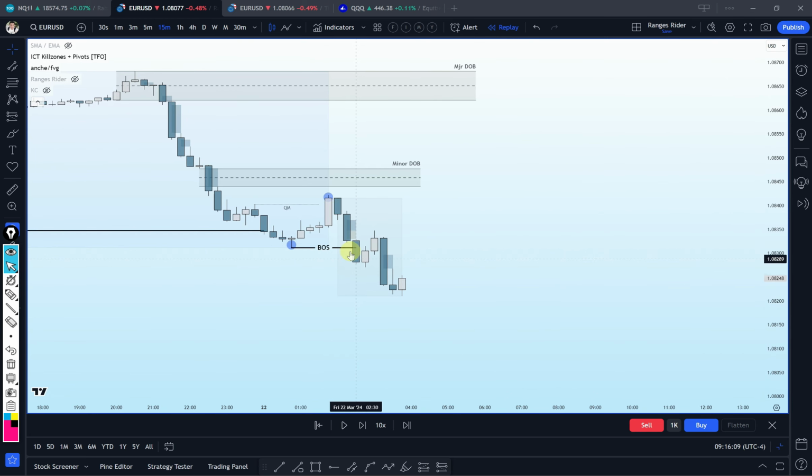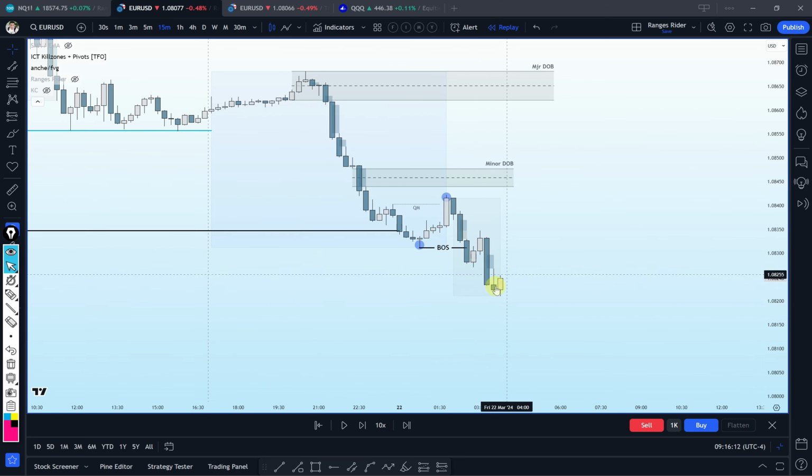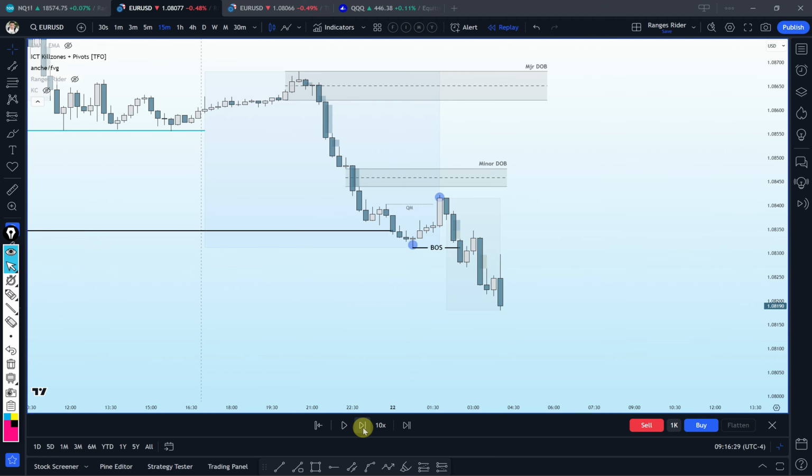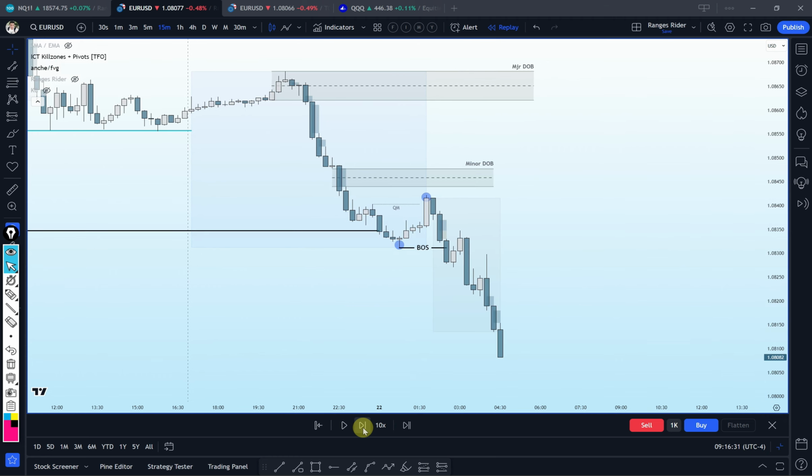Since we have a break of structure and we don't know how far the market can go, we are basically playing between the ranges, something like this. So we don't have the range now. In this case, what will we do? We will wait for the QM.